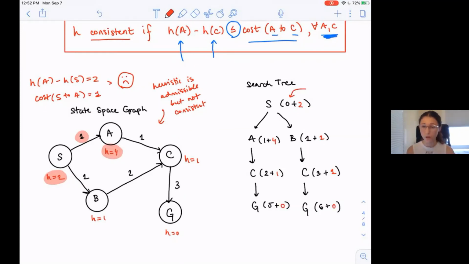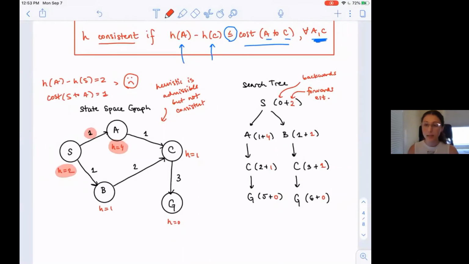This is the cumulative cost, or the backwards cost, to get to that node. The second part is the heuristic estimate of the cost to go to the goal. So here we have the backwards cost, and here we have the forwards estimate. I've just written that out over time here.